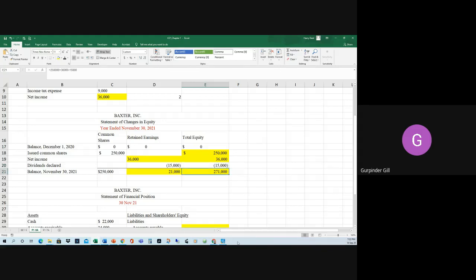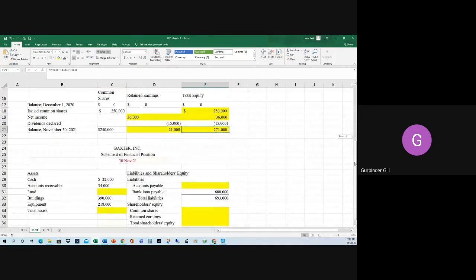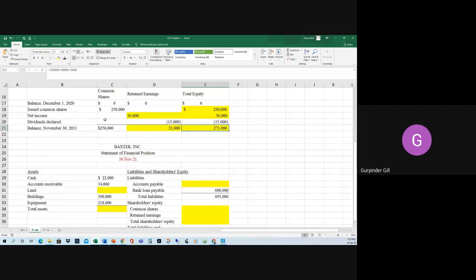Now, once you have prepared your statement of changes in equity, that information will flow through to your statement of financial position. We know that our total common shares is worth $250,000. Our retained earnings is $21,000, and our total equity, which is common shares plus retained earnings, is $271,000.